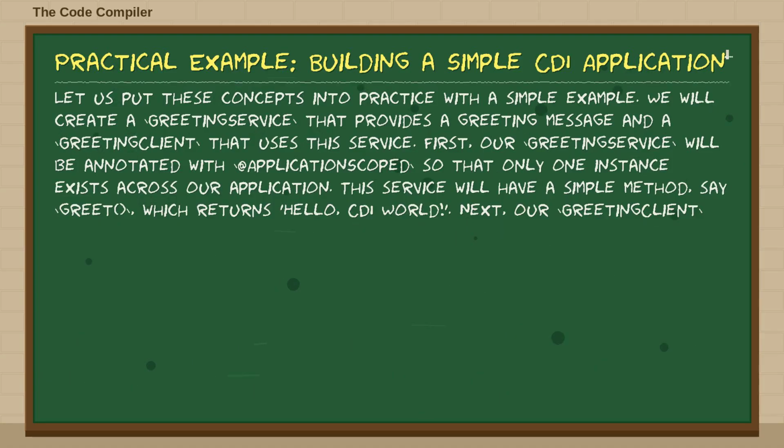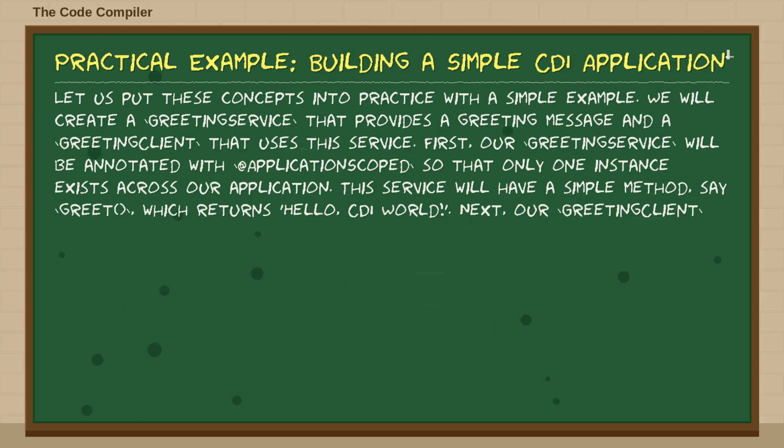Next, our GreetingClient class will have a field private GreetingService, and we will annotate it with @Inject. That is it. We do not need to manually create an instance of GreetingService in our GreetingClient.